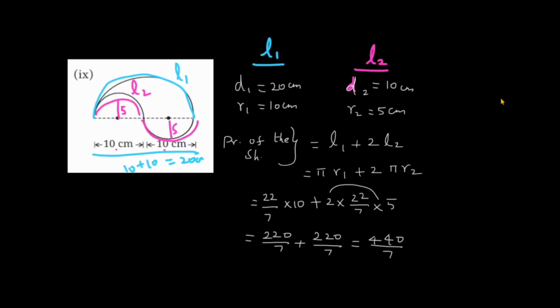Divide and find. 440 by 7. 6 7s are 42, remaining 20. 2 times 7 is 14, remaining 6. So perimeter of the given shape is nothing but 62 remainder 6 divisor 7 centimeter. 62 6 by 7.